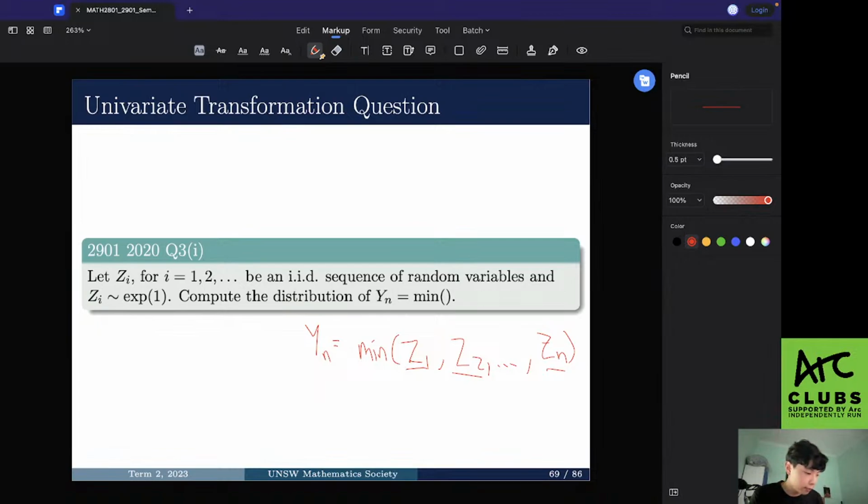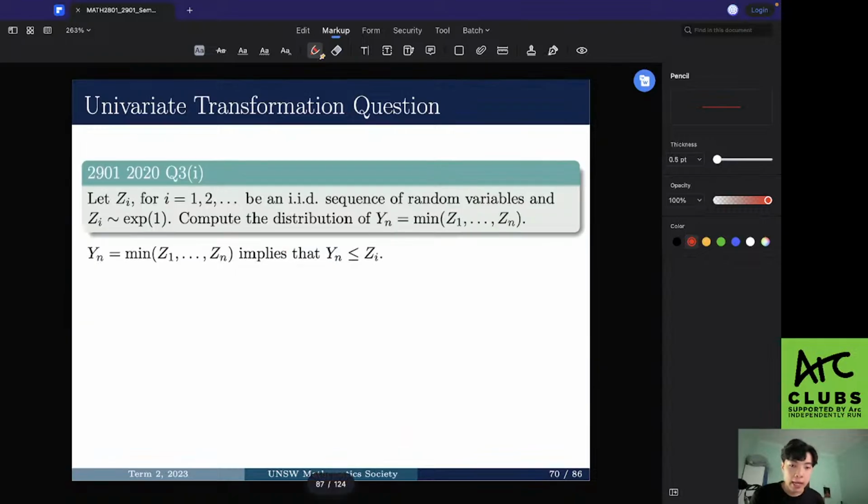So this is what we might do if we have a non-monotonic transformation. We'll talk about what monotonic means, but for now, if we have a non-monotonic transformation, a good strategy is that we first look at our capital F of x, right?